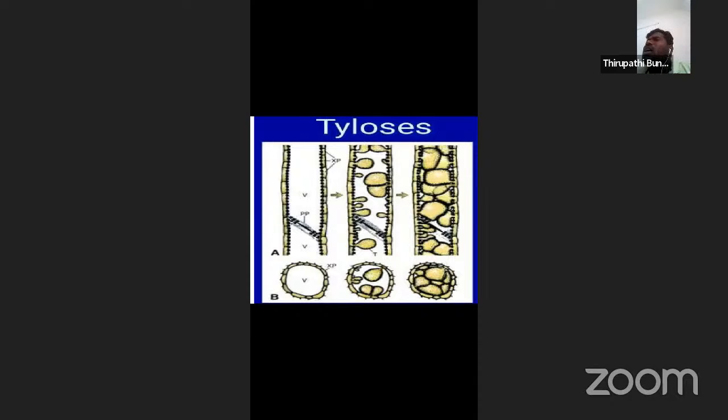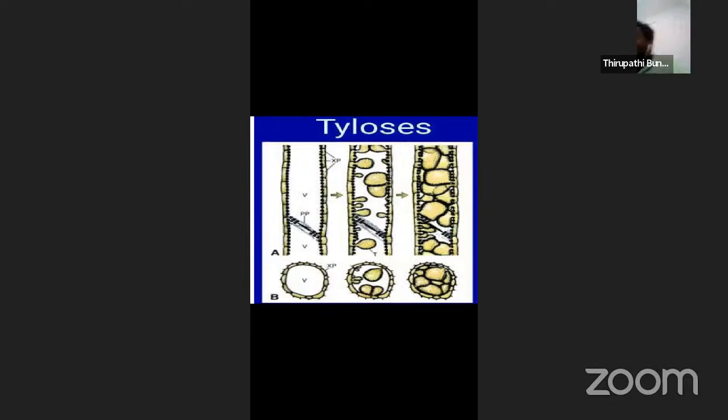That's why heartwood does not participate in conduction in older or big trees, old trees. But sapwood participates in conduction. Heartwood does not participate because it forms tylosis. This type of balloon-like outgrowth blocks the conduction.